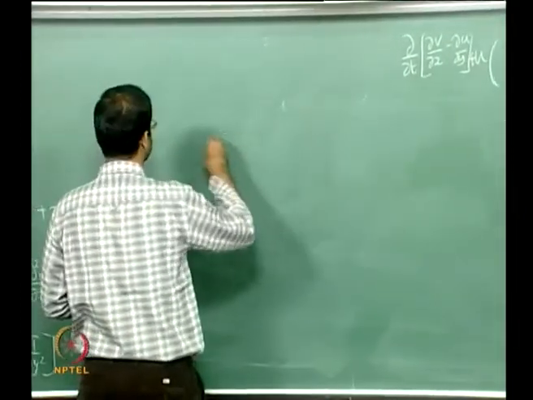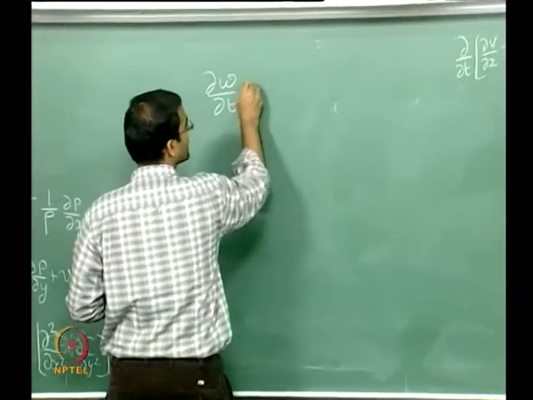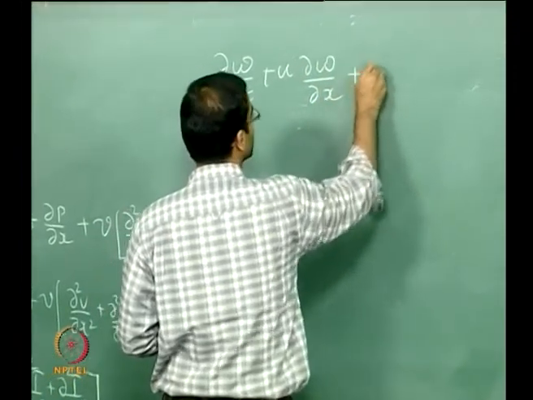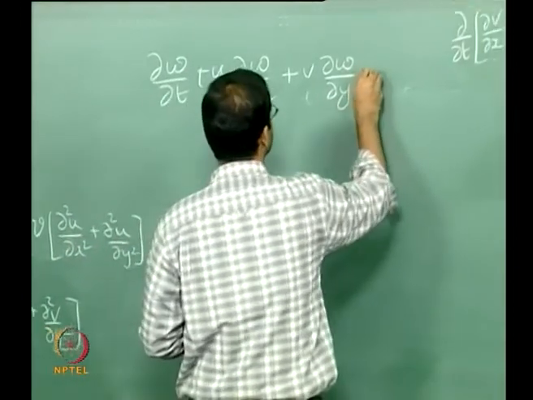Therefore I am going to substitute in terms of vorticity, so this will be d omega by dt plus u d omega by dx plus v d omega by dy should be equal to nu into the Laplacian of omega.